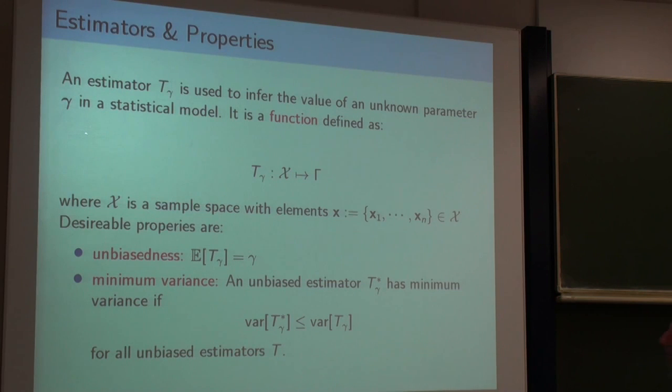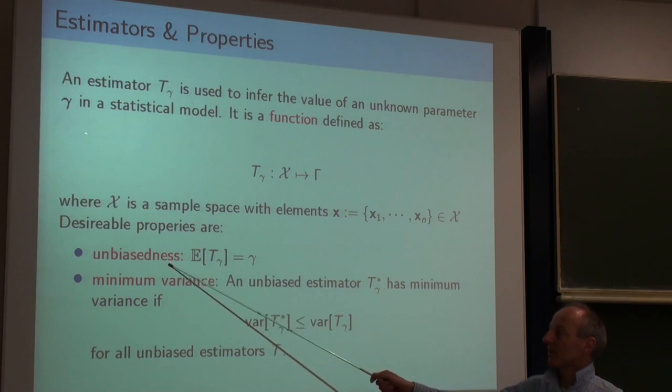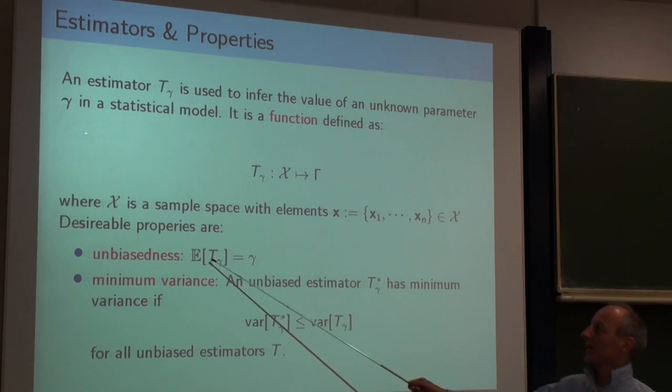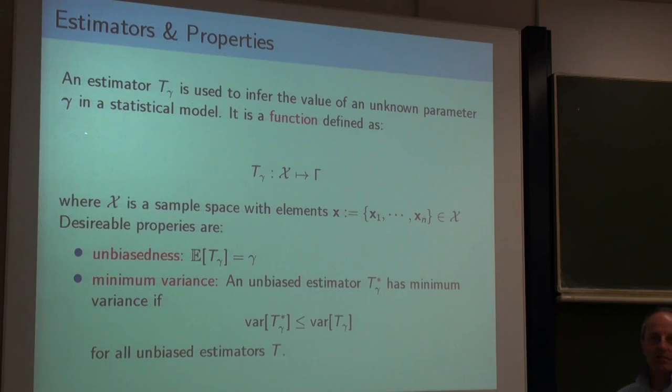Okay, and now it's important, such an estimator has two desirable properties. And the first one, which is really very important, we want our estimators to be unbiased. And unbiased means that the expected value of the estimator gives us the exact value of the parameter.